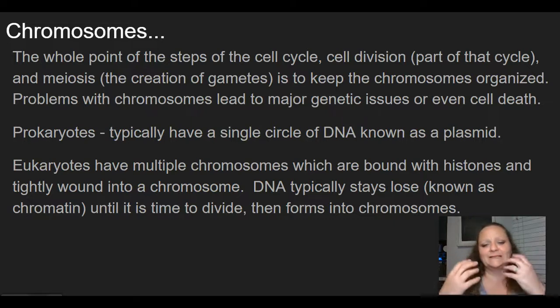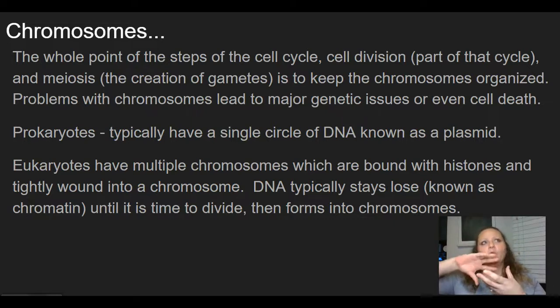Those chromosomes are basically DNA that's been wound up really tightly. It's controlled with these histones that bind it. And basically, that's how the DNA turns into a chromosome. Typically, DNA is going to stay loose. We call it chromatin in that stage until it's time to divide, and then it forms into chromosomes.